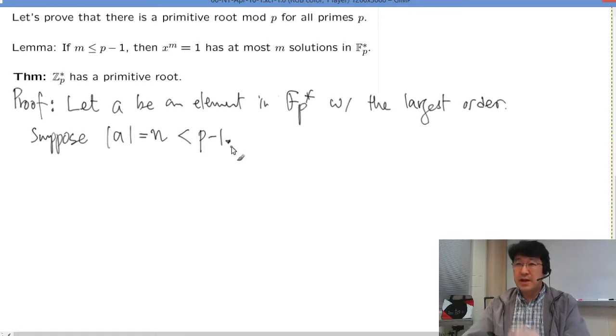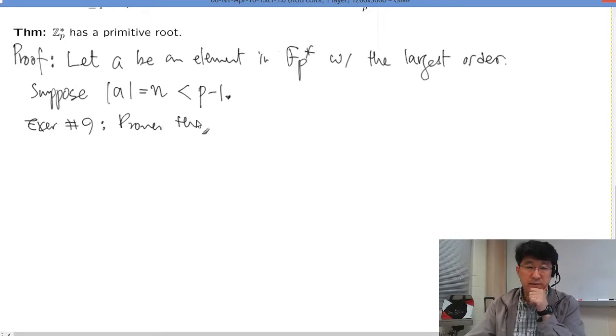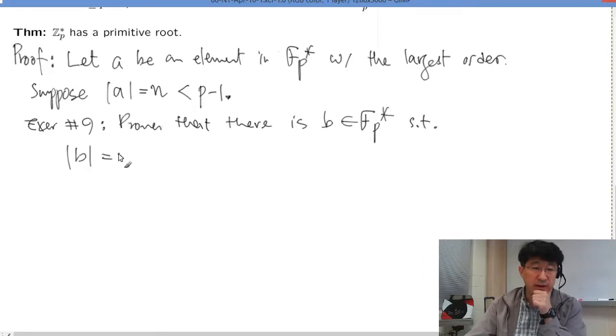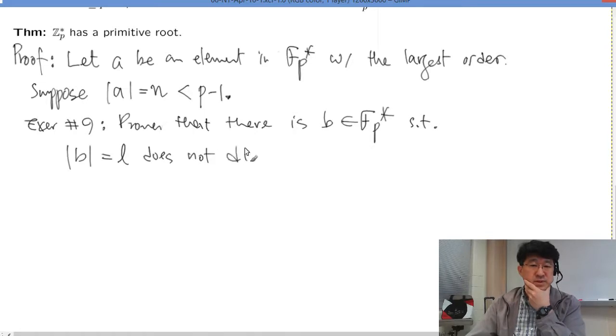Fair enough. The next claim, I'm going to give you the chance to explain. That's our Exercise 9: prove that there is a B in F_p star such that its order, let's call it L, does not divide n.